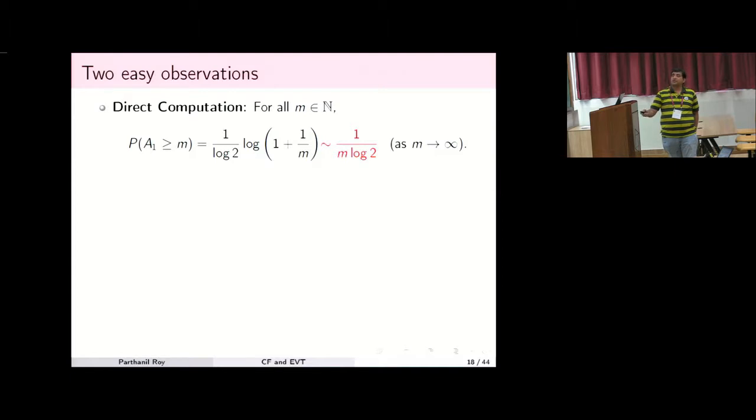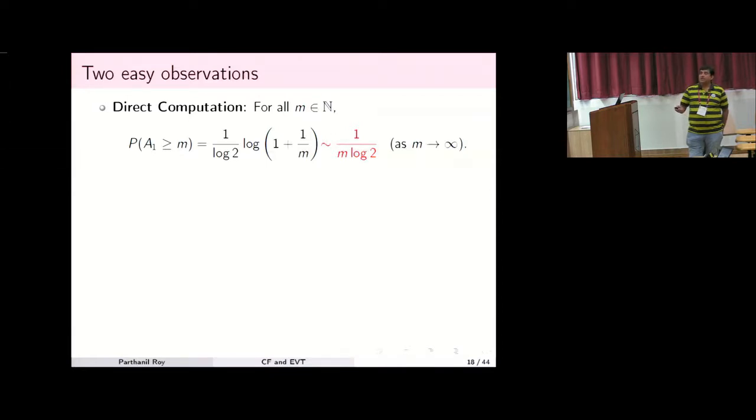You can explicitly compute this, and it needs a bit of computation, but not a very difficult one. The advantage is that A_1 has a very easy explicit form. And once you do it for A_1, you know it also for A_36 because of the identically distributed property.